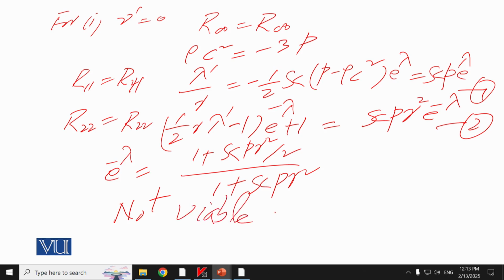Now, we come to the second case. We have the second case, rho c square plus p is equal to 0. Again, we proceed on the same lines.